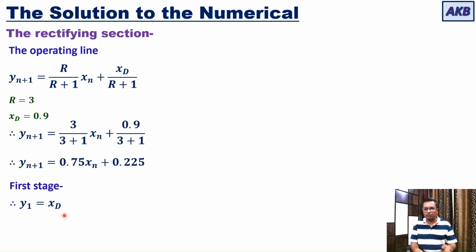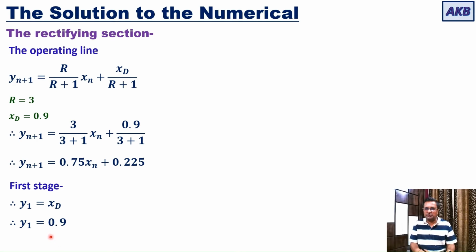Please watch that video. I'm giving the link to that video in the description section. So for the first stage, we are going to start with y1, which is equal to xD, and xD is 0.9. That means y1 is equal to 0.9. Now, after you know y1 for the first stage, we are supposed to get x1.